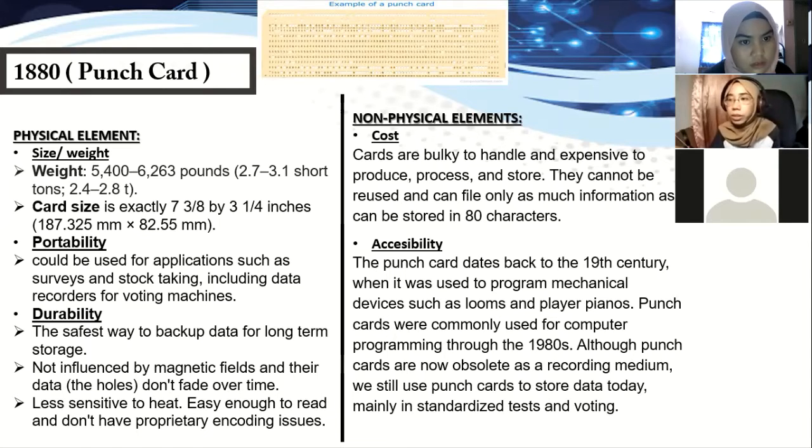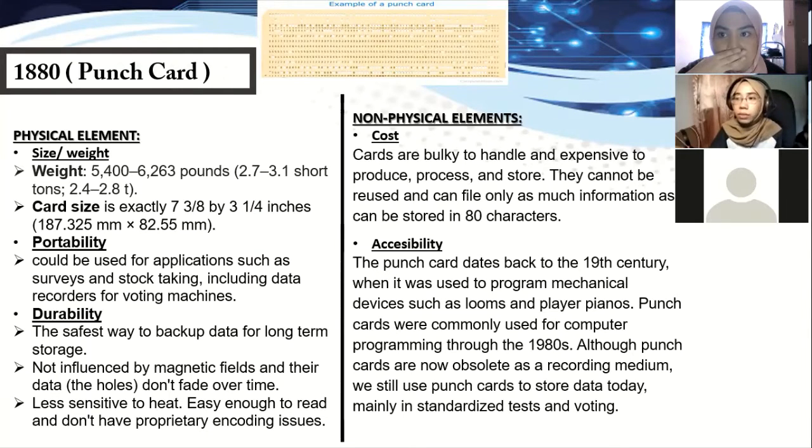For the weight, it is 5,400 to 6,263 pounds, that means 2.7 to 3.1 short tons. For portability, we use it for applications such as surveys and stock taking, including data recording for voting machines.